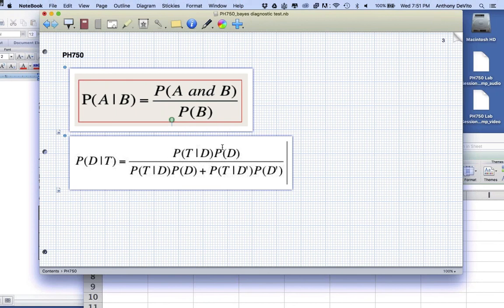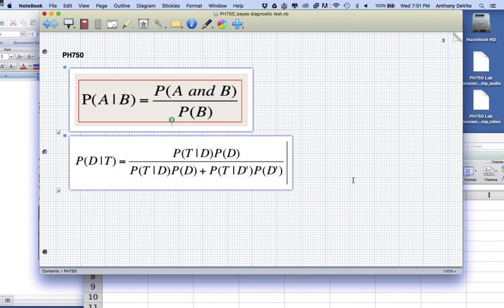Okay, well, let's look at this very carefully. The probability that you test positive given that you have the disease, what does that mean? Anybody have an idea where we might have seen that already? What's the probability that you test positive given that you have the disease? What did we call that before? There's a name that we gave that.